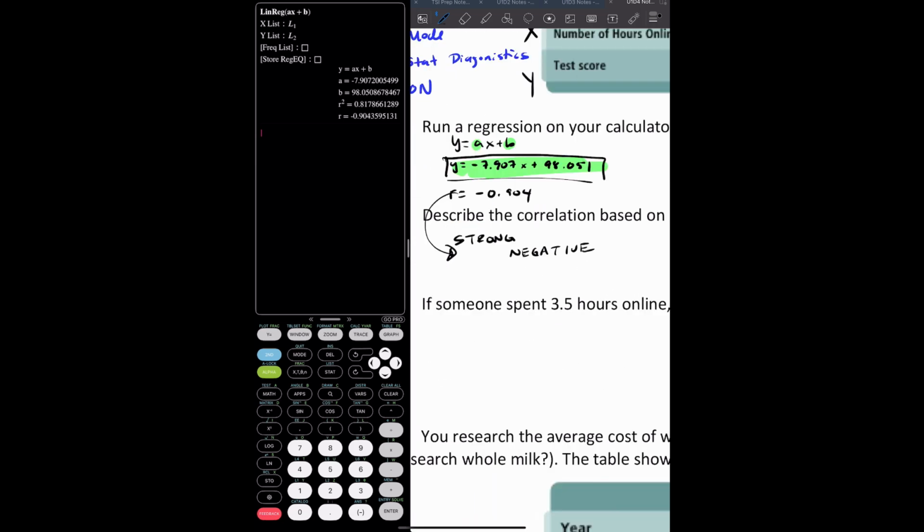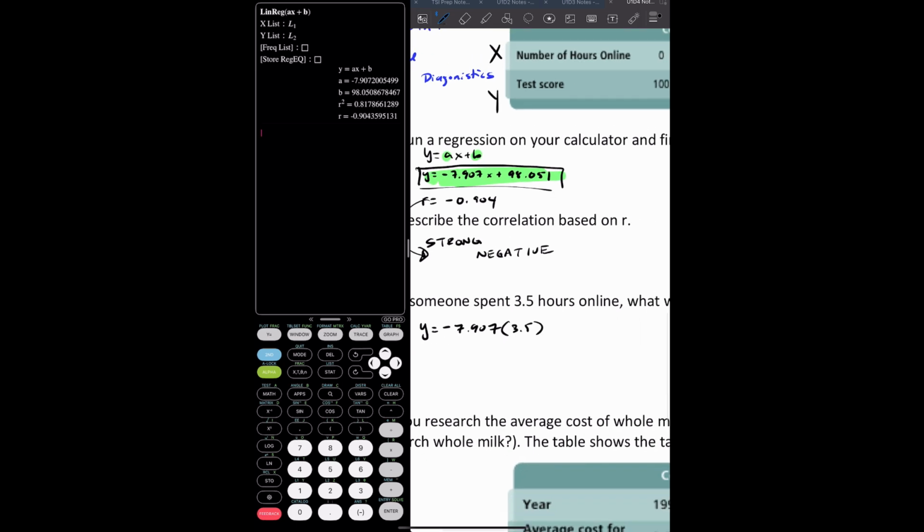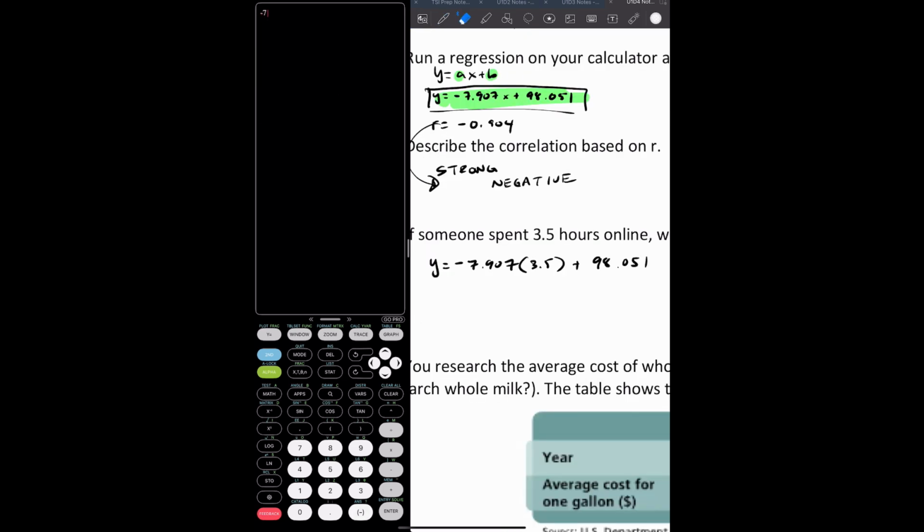So I have y equals negative 7.907 times 3.5 plus 98.051.